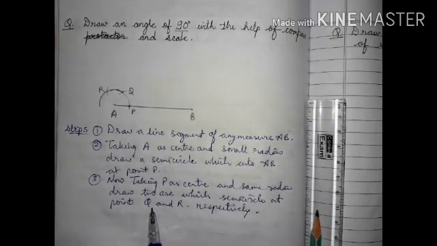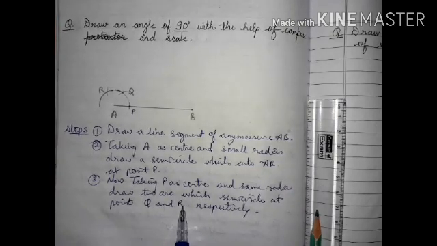It means first we have to cut point Q, then R.